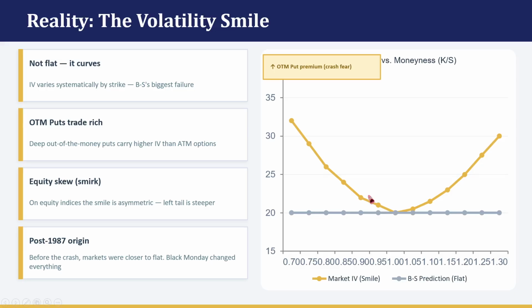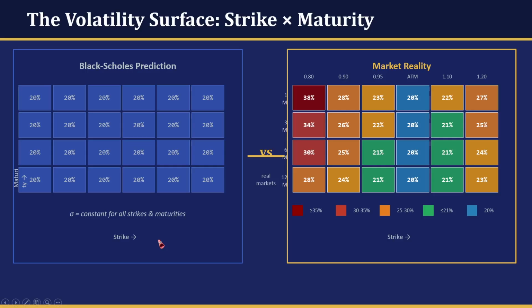It's not a small discrepancy. We're talking about implied volatility that can be 10 or 15 percentage points higher for deep out of the money puts than it is for the at the money options. That's a big difference, and it didn't exist before October 1987. The crash created it and it never went away.